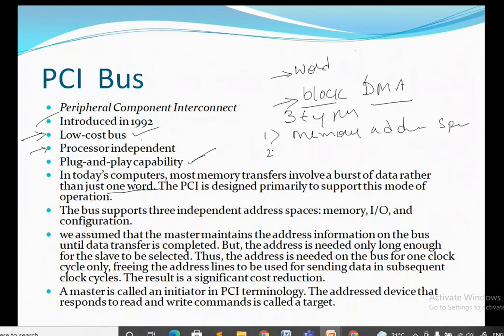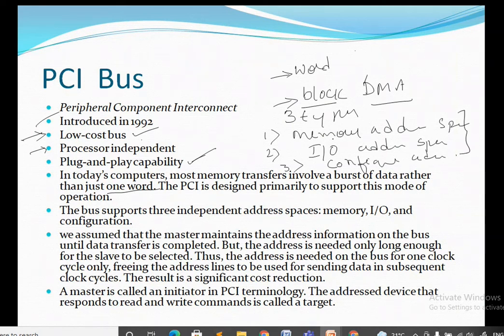Maybe the address is with respect to an IO device; for that also there will be a separate address space. And the third one is for configuration, the configuration address space. So the bus supports these three different independent address spaces.